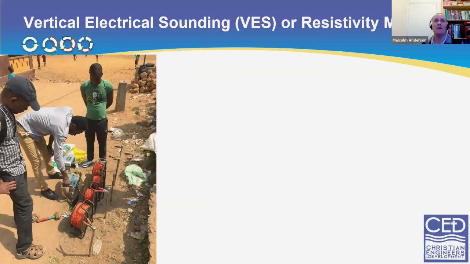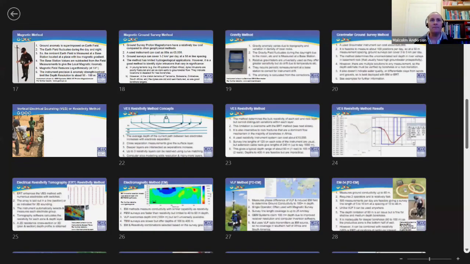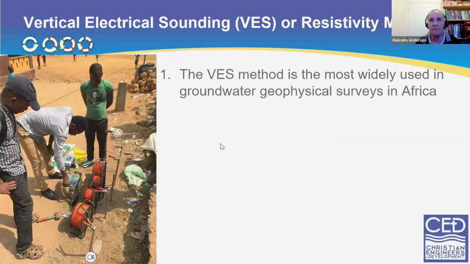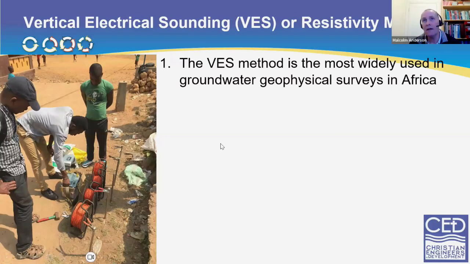So speaking of the vertical electrical sounding and resistivity method, we'll go through this now. The VES method, which stands for vertical electrical sounding, is the most widely used in groundwater geophysical surveys in Africa, and you can see an instrument being used on the left.